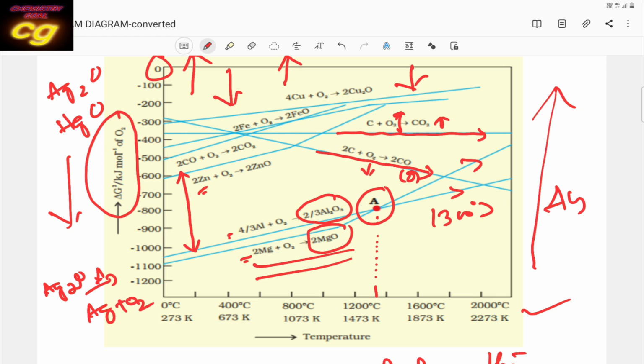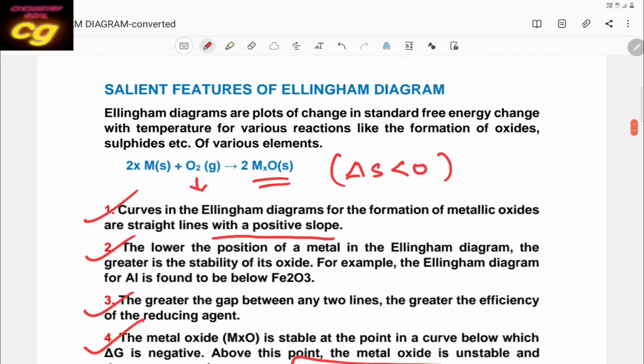Although magnesium is more reactive than aluminum, at high temperature aluminum can reduce magnesium, because the graph shows aluminum is just below and magnesium is above. The positions interchange. So this is the nature of the features of the Ellingham diagram.